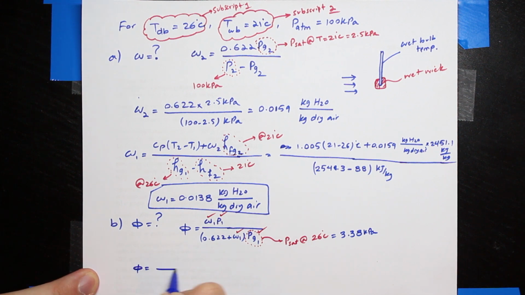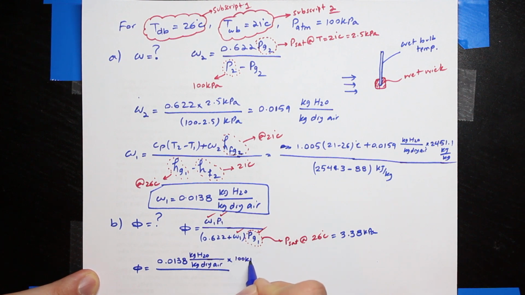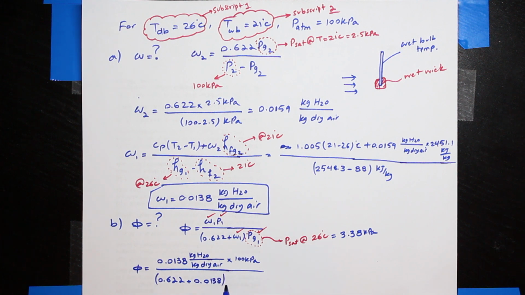So relative humidity is equal to 0.0138 kilogram H2O over kilogram dry air multiplied by P1, which is 100 kPa, over 0.622 plus 0.0138, okay, multiplied by PG1, which is 3.38 kPa.